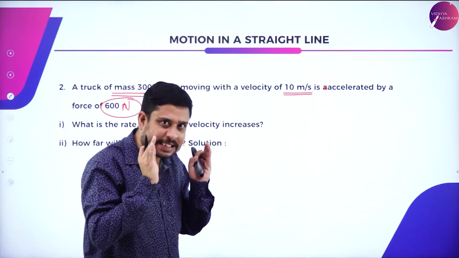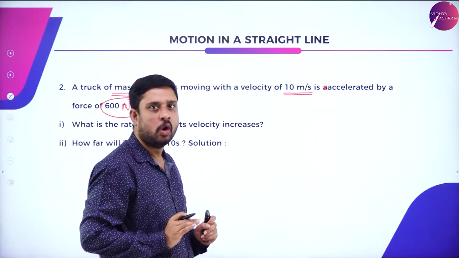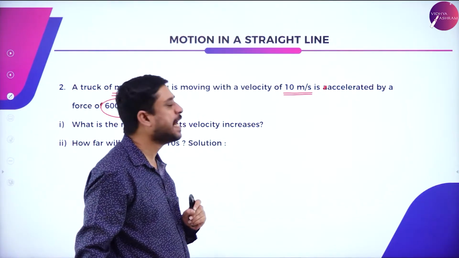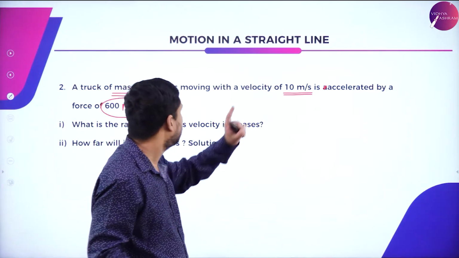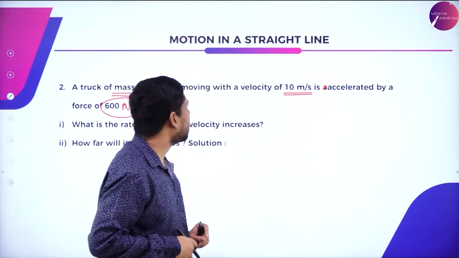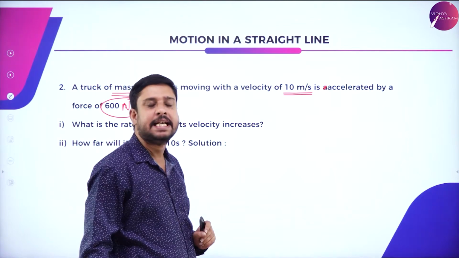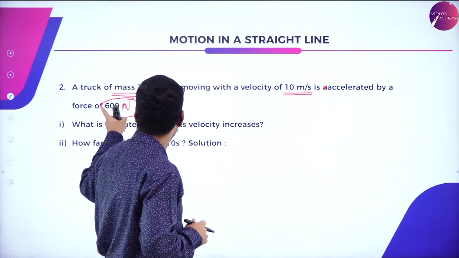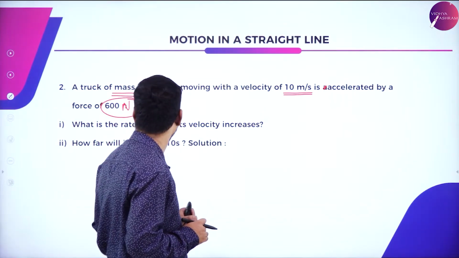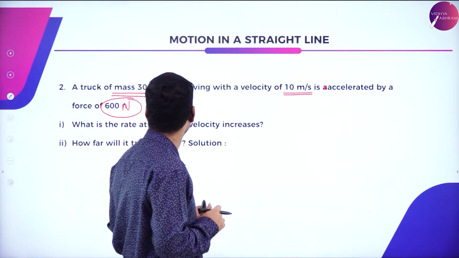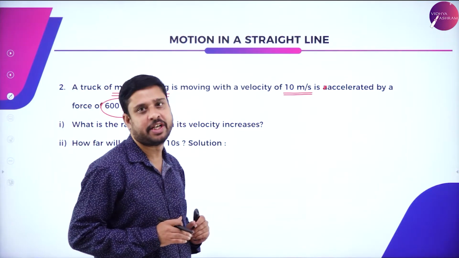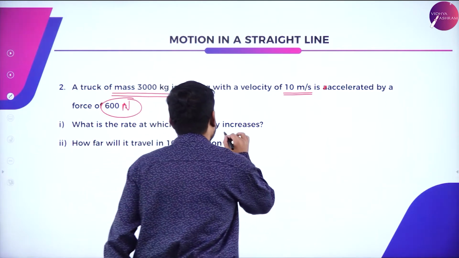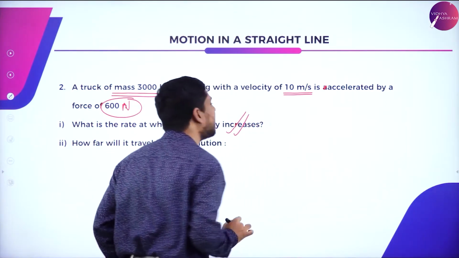So there is a truck whose mass is 3000 kg. It is moving with a velocity of 10 meter per second, and it is accelerated by a force of 600 Newton. What is the rate at which the velocity increases?